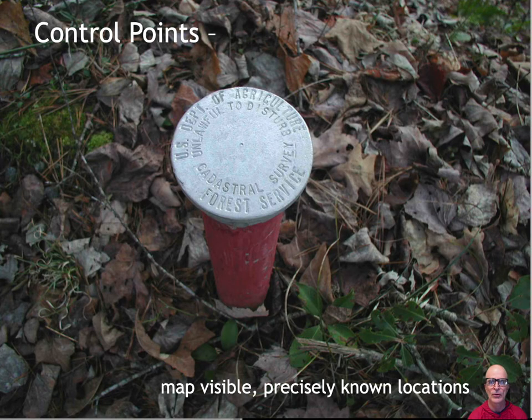So we need control points. Control points are these well-known points in both sets of images. They have to be map or image visible and precisely known. So we can always digitize them in the inch space on the scanned image or clicked image, or we can digitize them using a digitizing tablet on the paper document.